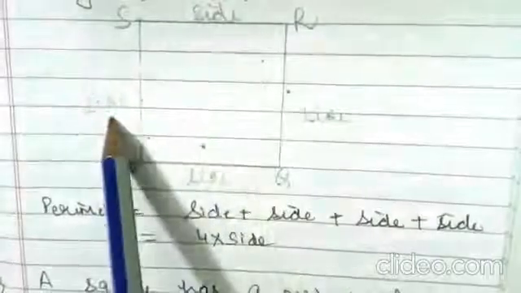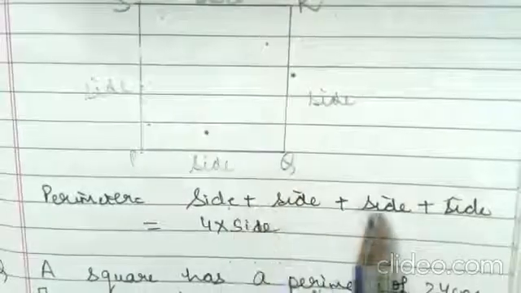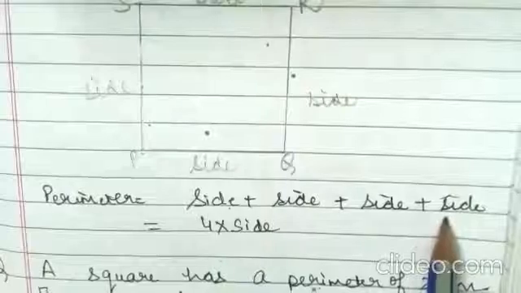Side plus side plus side plus side, because we know that perimeter is the sum of the lengths of all sides. So how many times am I adding the side? 4 times.